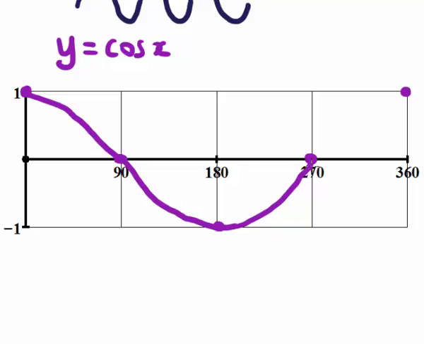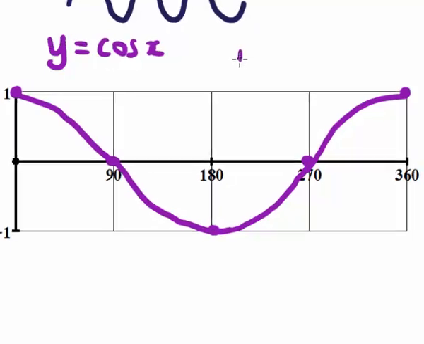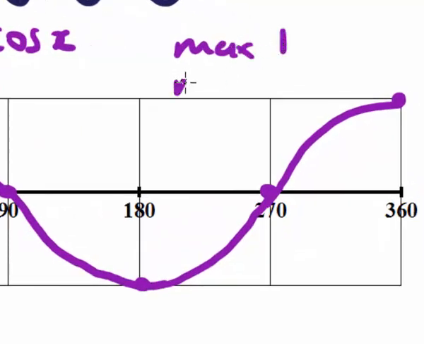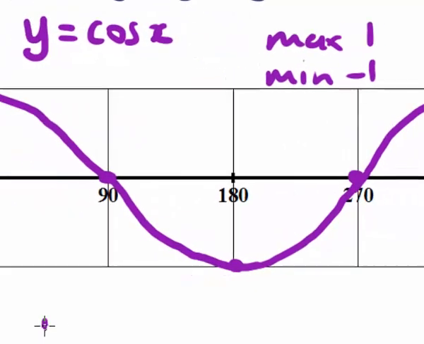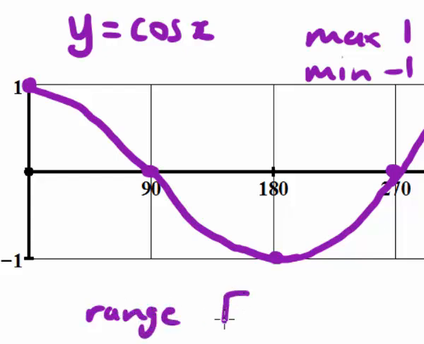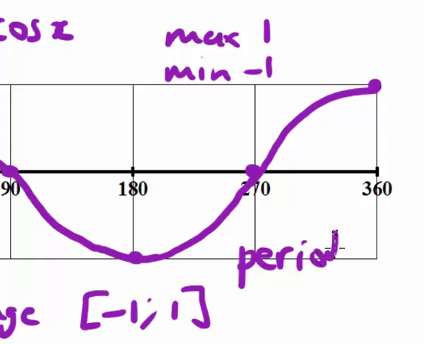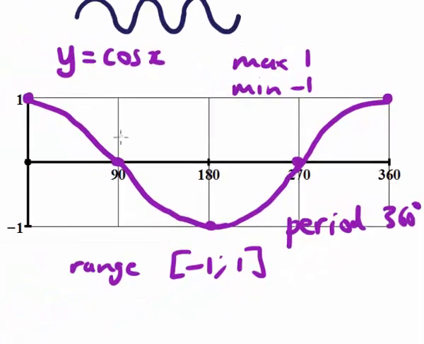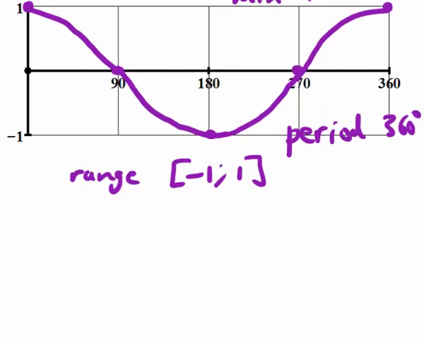Those are the x-intercepts at 90 and 270, and turns. Again, we've got a maximum of 1, a minimum of negative 1. The range of this graph would be from -1 to 1. And if you remember, the period is going to be 360 degrees. The cos curve repeats itself every single 360 degrees. Okay, so remember that. That's important there.